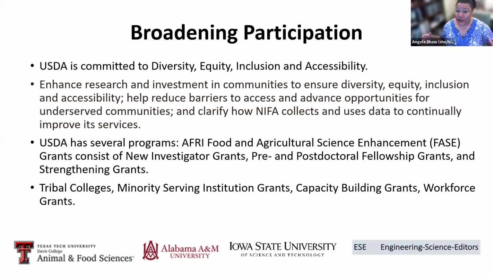Diversity, equity, inclusion, and accessibility are terms that are thrown around a lot, but really it's looking at how we are making sure what you propose in your grant is going to reach the maximum amount of people. Your grant might be specific to one audience, but how can you translate that to other audiences? And have you thought about the barriers that might come in, especially with accessibility?